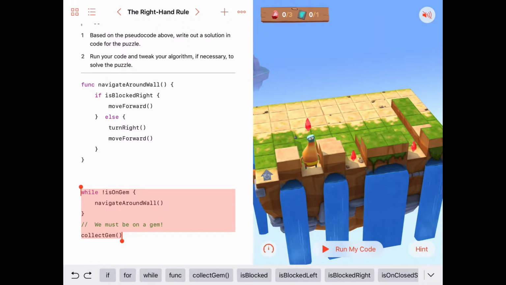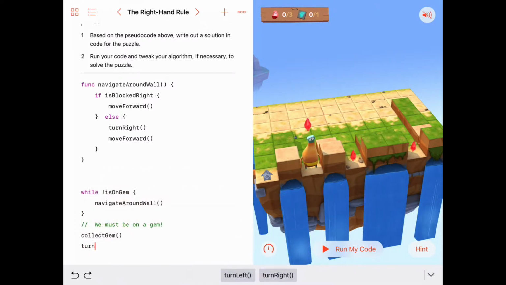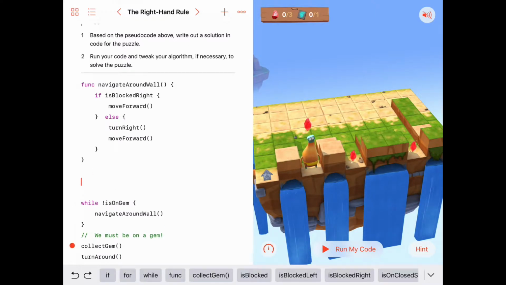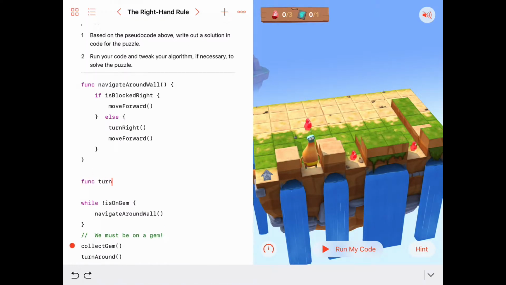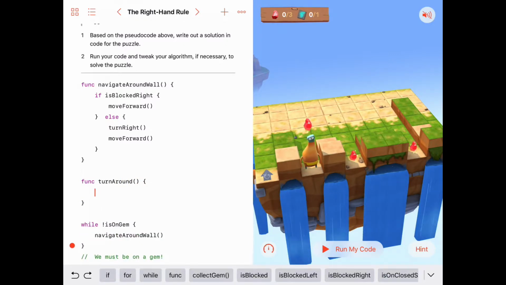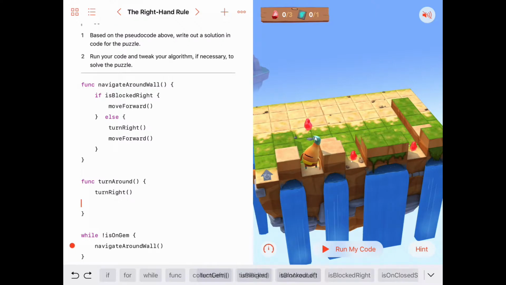But we might need to turn around first, right? We might need to turn around. So, okay, let's do a turnaround function here. We'll turn around, and I'm going to call this function func turn around. And it'll just be a turn right and a turn right.